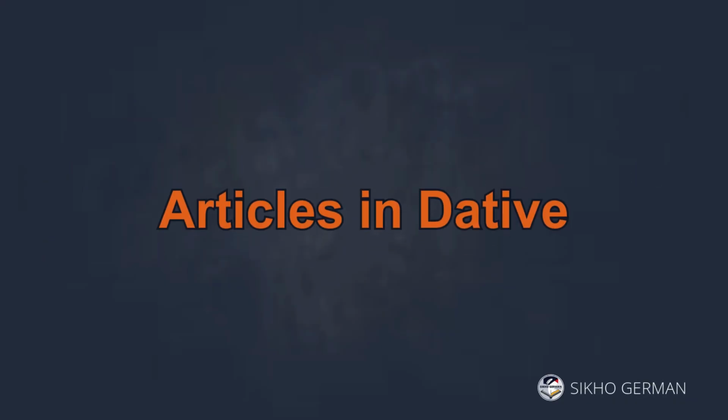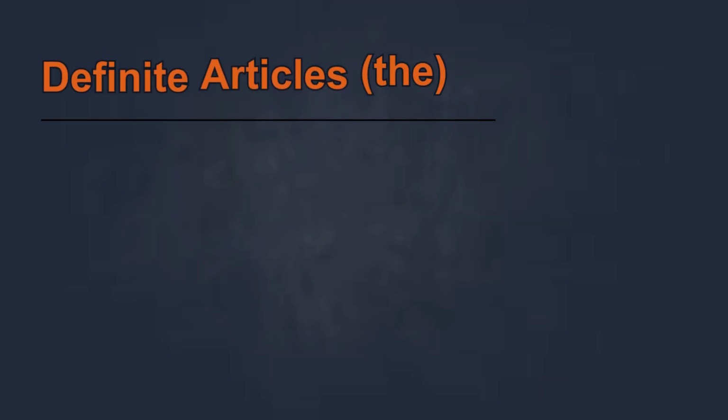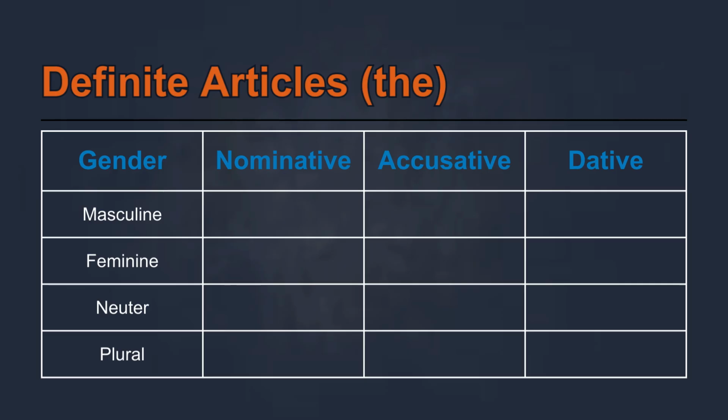Now let's learn the most important part, how articles change in the dative case. This is crucial to memorize because it affects every dative sentence you create. Here's the comparison table for definite articles across all 3 cases. Masculine, der, den, dem. Feminine, die, der.